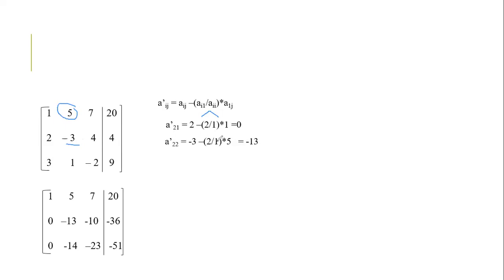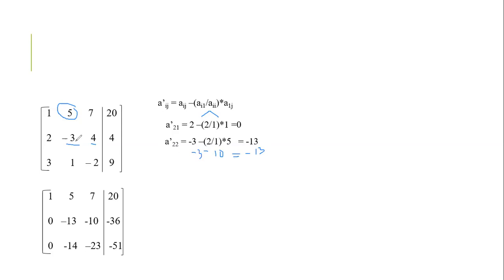Once you do that, -3 minus 10, which equals -13, as you see above. Then you do the same for the next element.